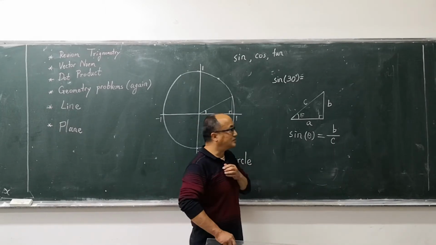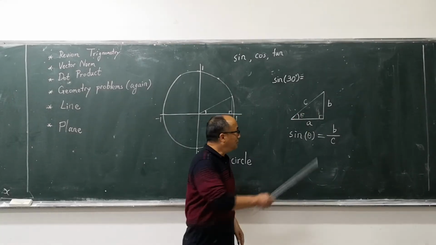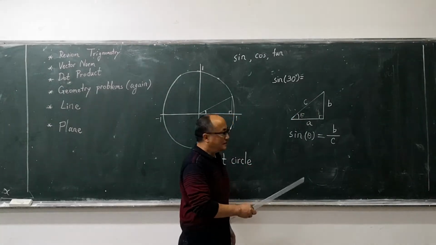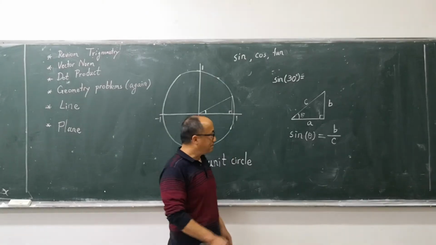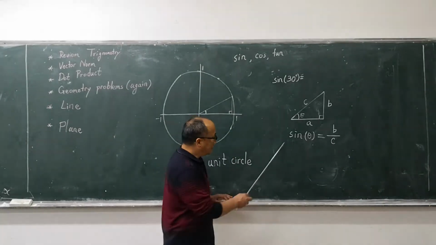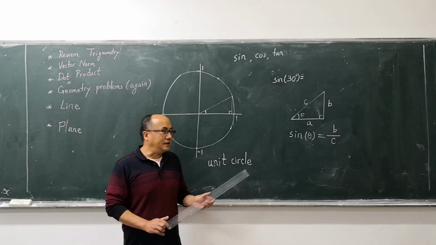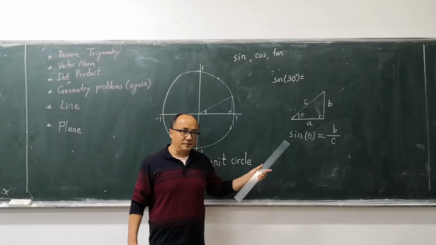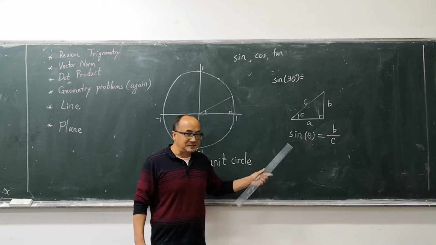I just make a story to help you understand. So the movie screen divided by the roof is sine theta. This is the formal definition of sine.